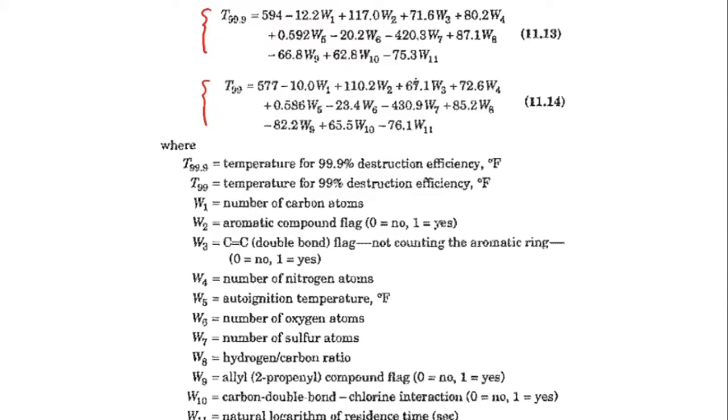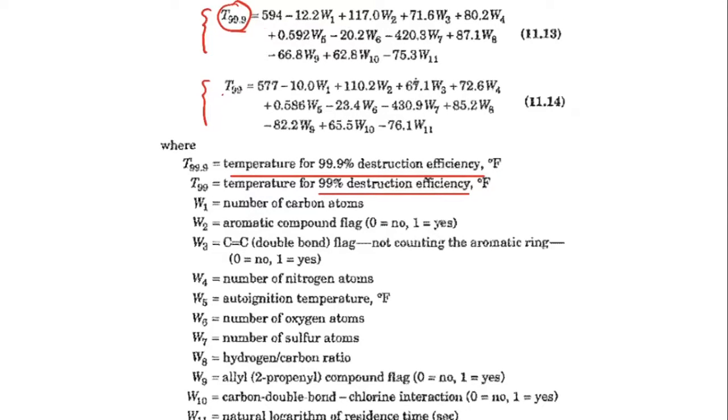The T99.9 means the temperature for a 99.9% destruction efficiency, while the T99 is for 99% destruction efficiency. So these are for different destruction efficiencies, corresponding to which temperature we're interested in, okay? For example, if we're talking about the 99.9, it's calculated by these terms combined together.